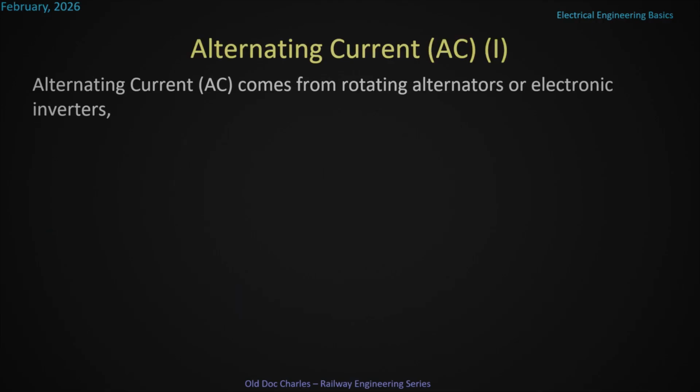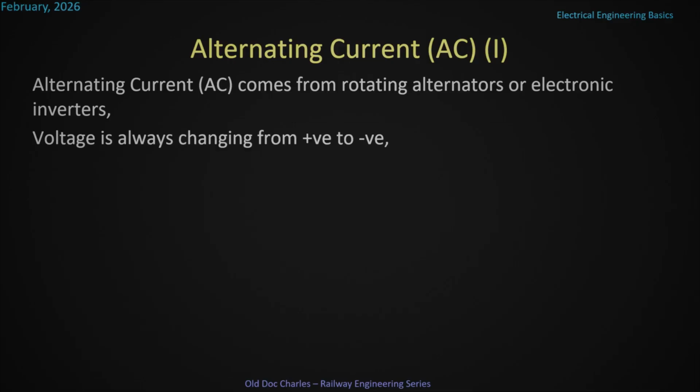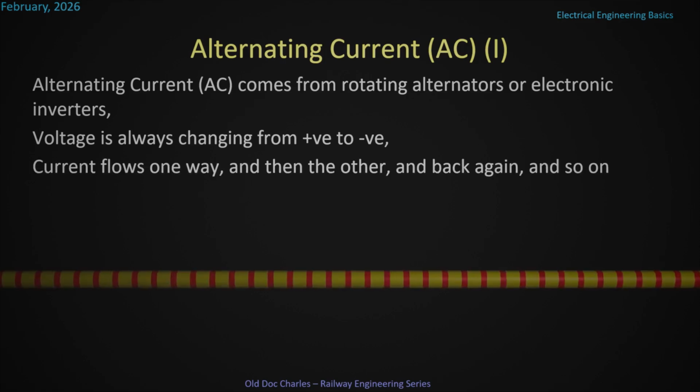Alternating current can come from rotating alternators or electronic inverters. The voltage is always changing from positive to negative. Current flows one way, and then the other way, and then back again, and so on and so forth.